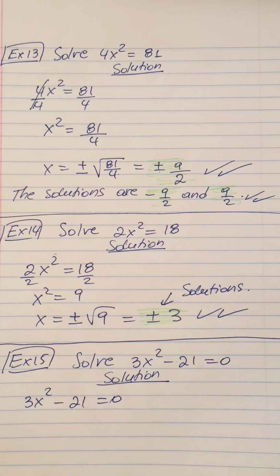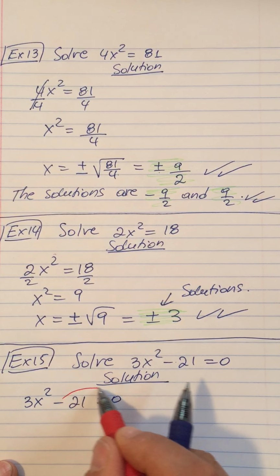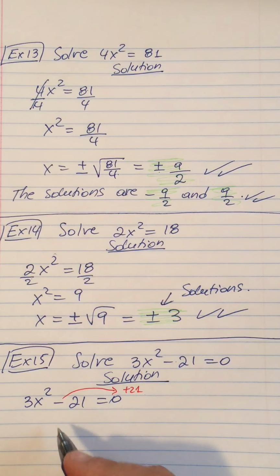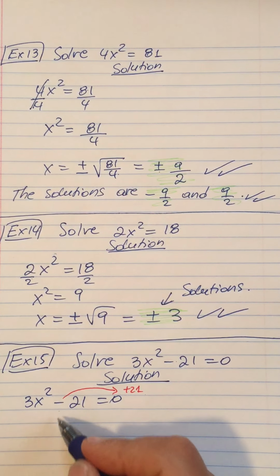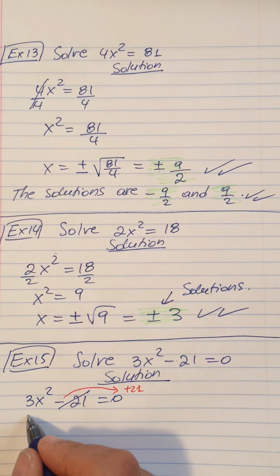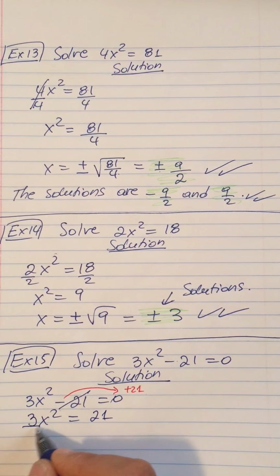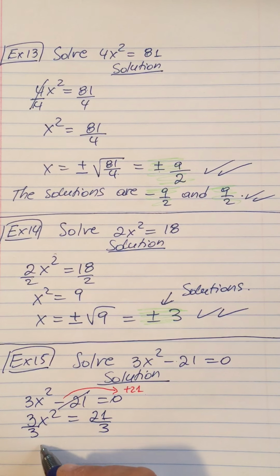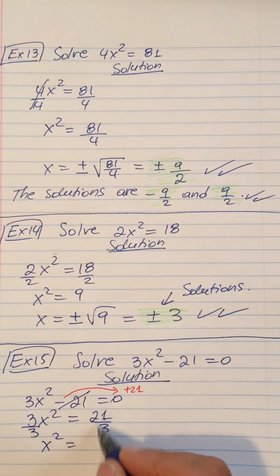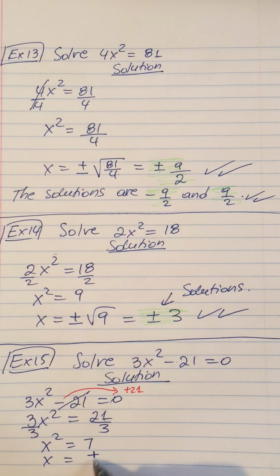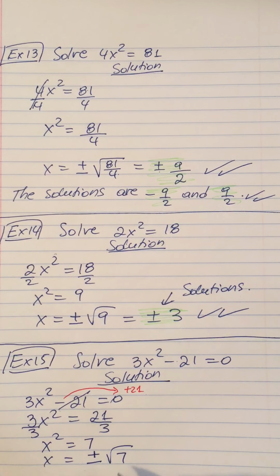And now I will send this number to the other side by changing the sign. It is the same as adding 21 to both sides, and this is gone. So what I have is 3x squared equal to 21. Dividing by 3 on both sides, x squared is equal to 7. And x is equal to positive and negative square root of 7.